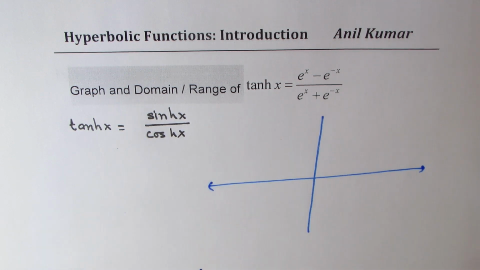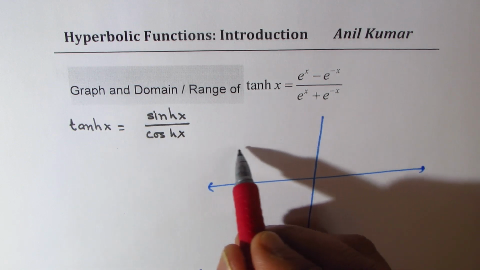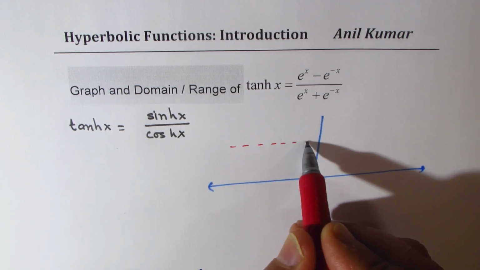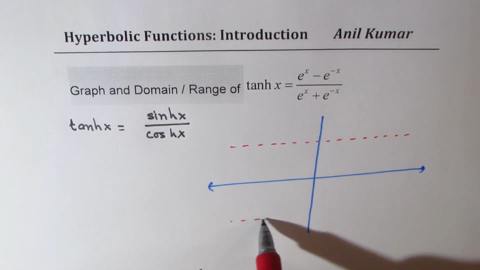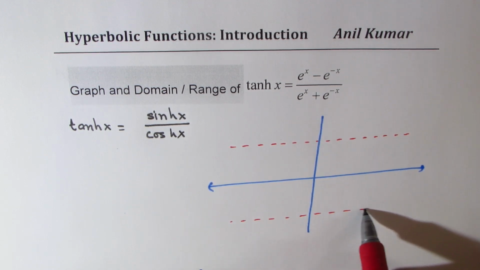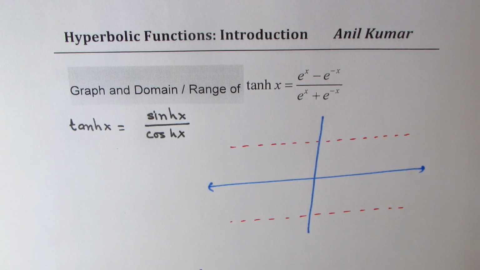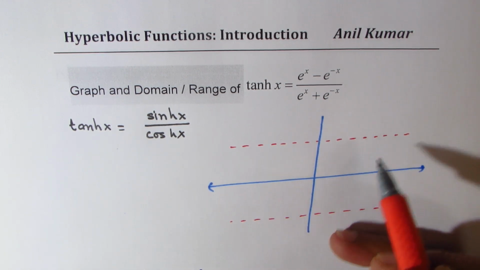There are no restrictions to this function, since cosine hyperbolic x is always greater than or equal to 1. So if you sketch this graph, what we see is that it has two horizontal asymptotes, one for y equals plus 1 and one for y equals minus 1. Sine hyperbolic x is kind of like this, right?